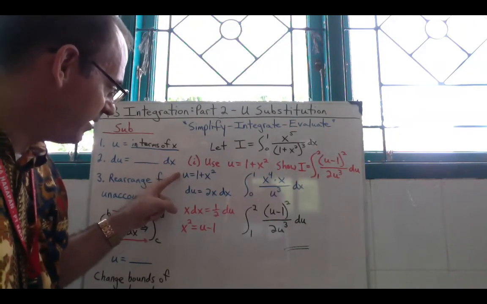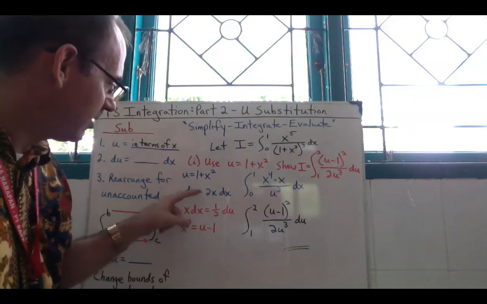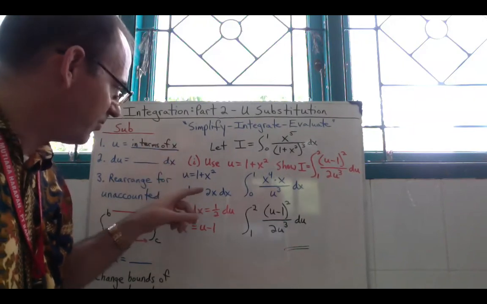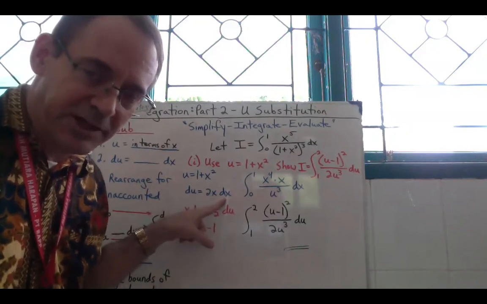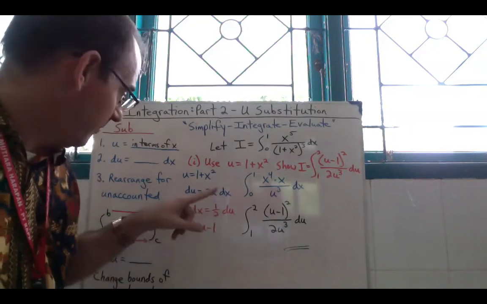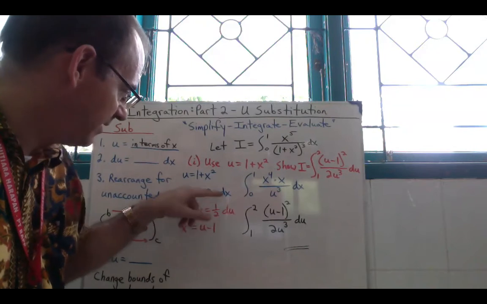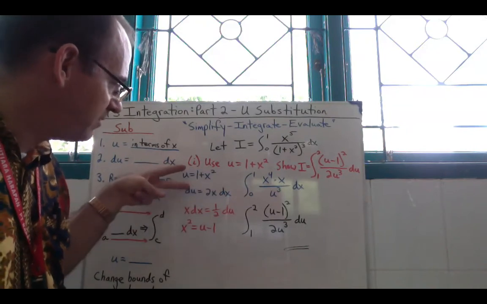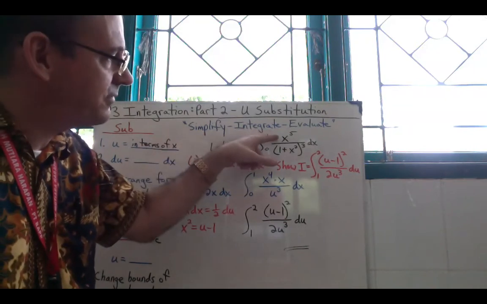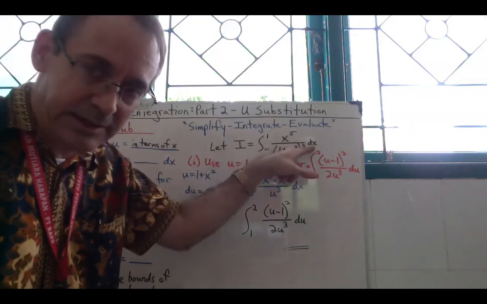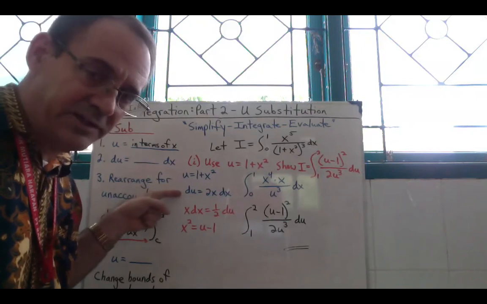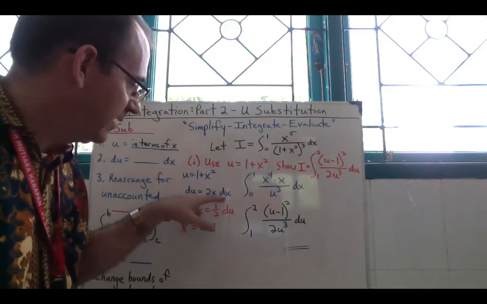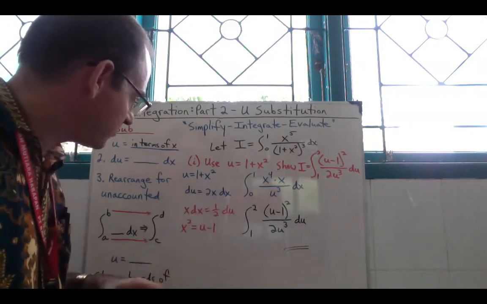So the derivative becomes du equals the derivative of 1, which is 0, and the derivative of x squared, which is 2x dx. Make sure you keep track of the differentials. Okay, so du equals 2x dx. These are our two main things. We have to get rid of the x and we have to get rid of the dx. So we have a given substitution and immediately we take the derivative so that we can identify the dx.